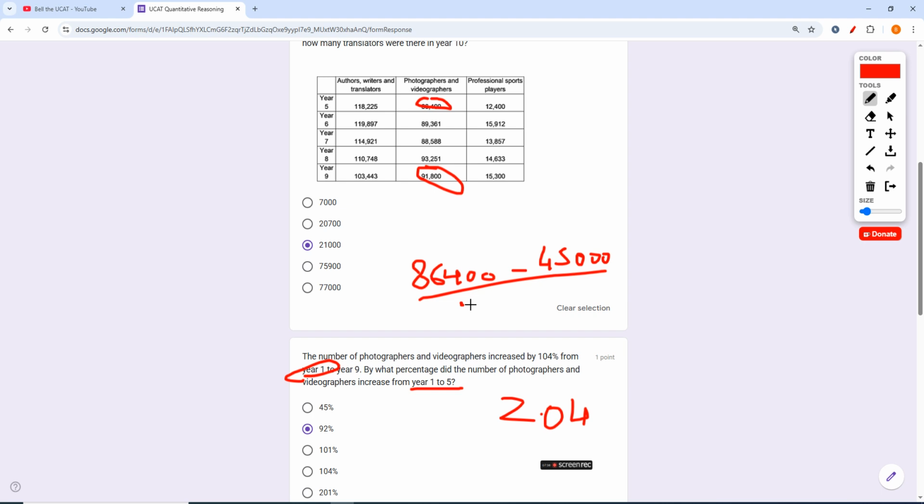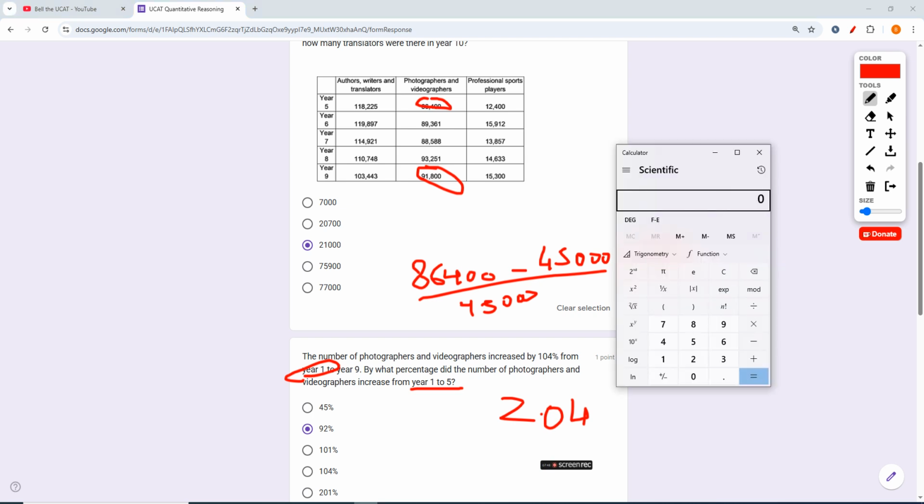Then you would have divided by 45,000, and then multiplied by 100. You would have got an answer. Oh, come on, please, that is very time consuming. That's not speed maths, but just to show you get the same answer: divide by 45,000, times 100, 92.